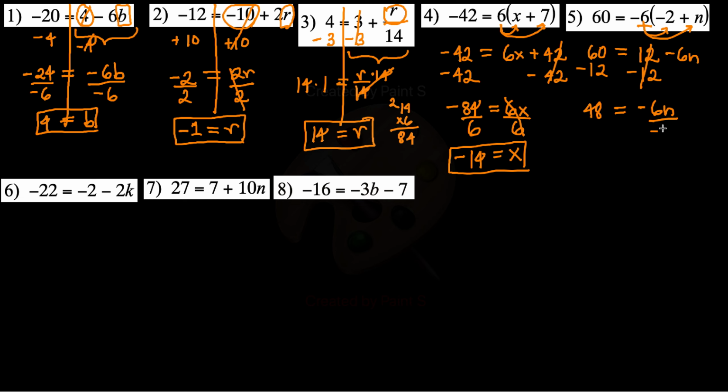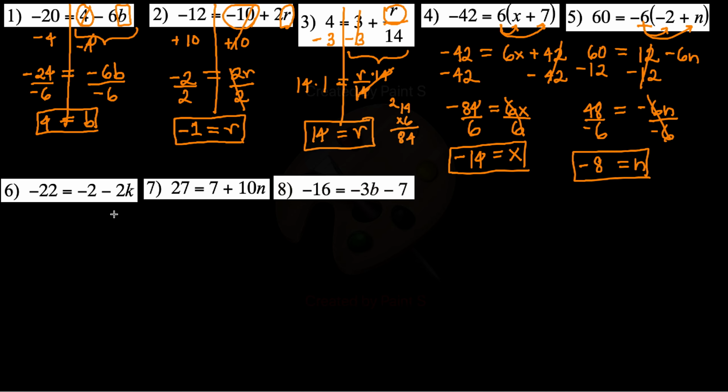And then you divide by negative 6 on both sides. You're going to get n equals, right? This is just 1. 1 times n is just n. 48 divided by negative 6 is negative 8. And we're done with the first 5.